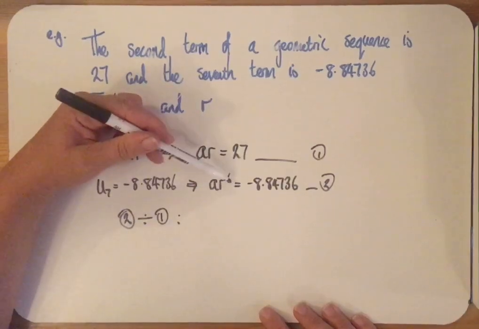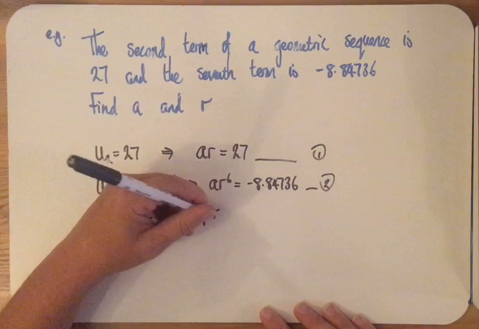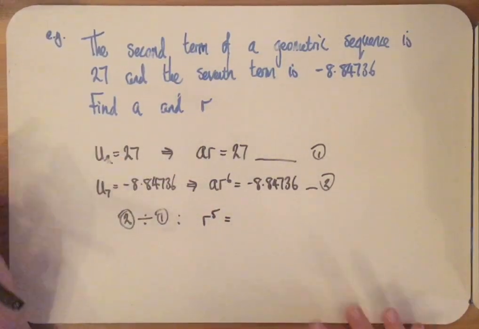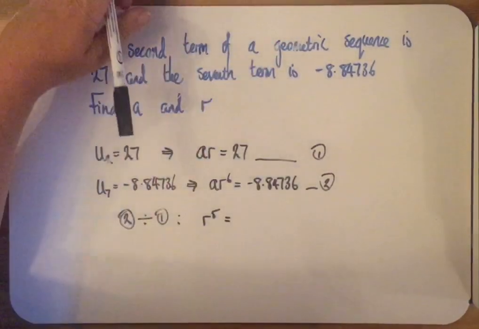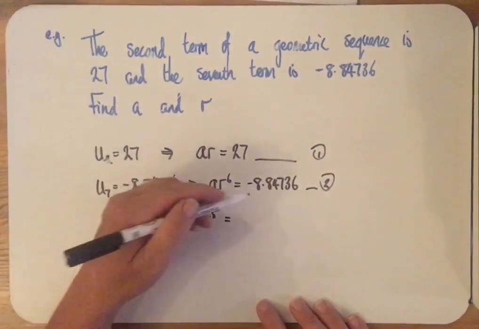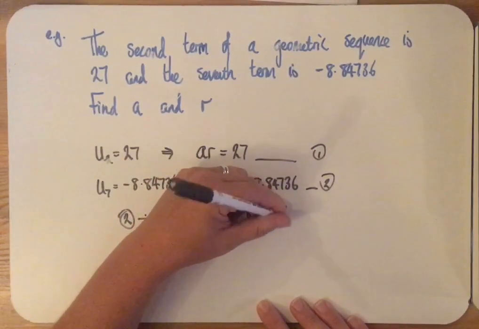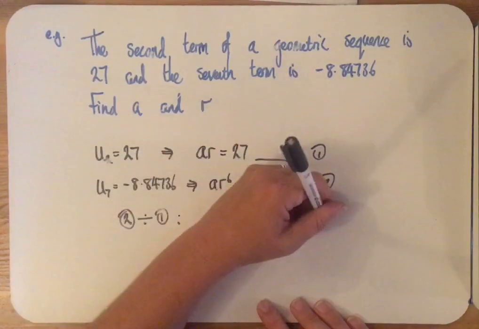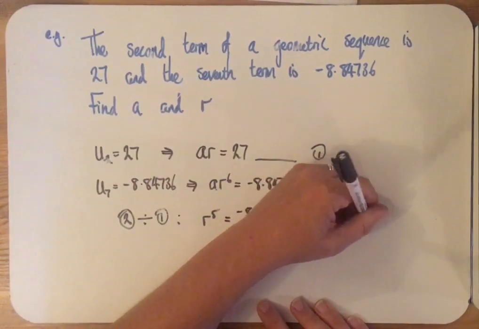So ar to the power 6 divided by ar is going to give you r to the power 5, and that is equal to negative 8.84736 over 27, which is negative 0.32768.